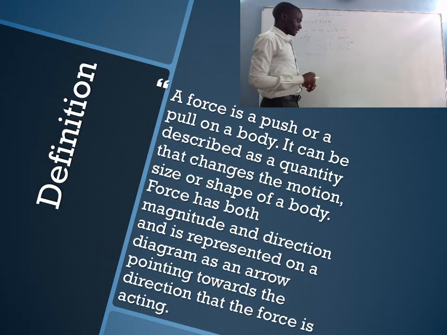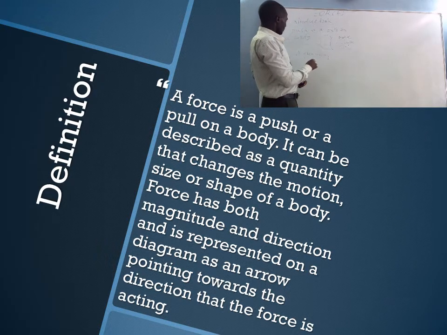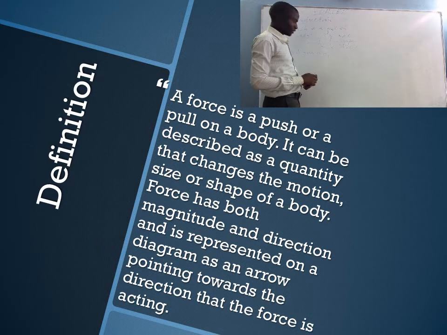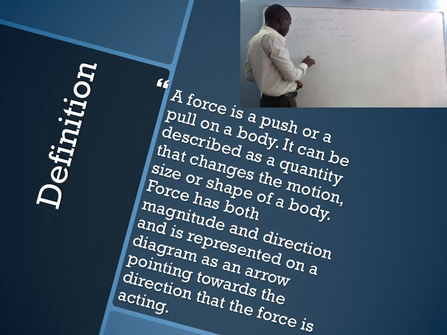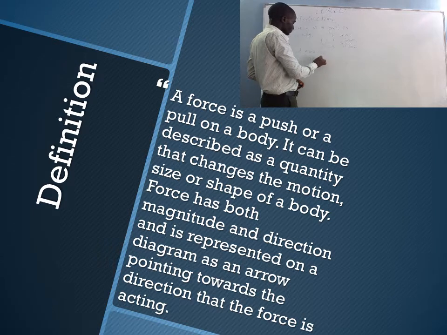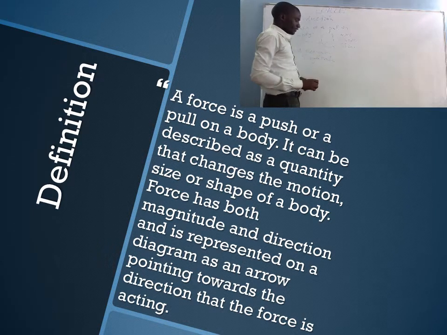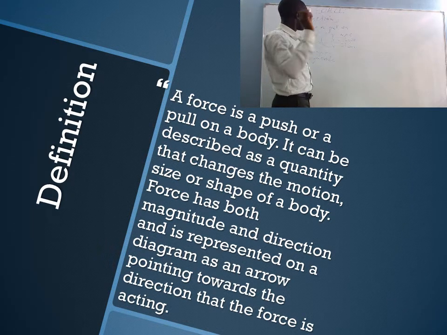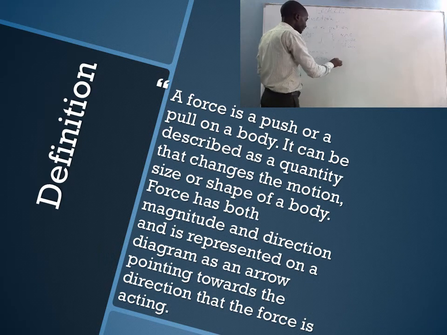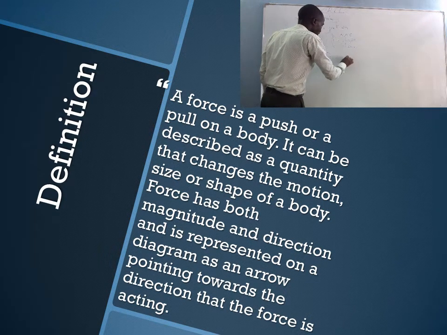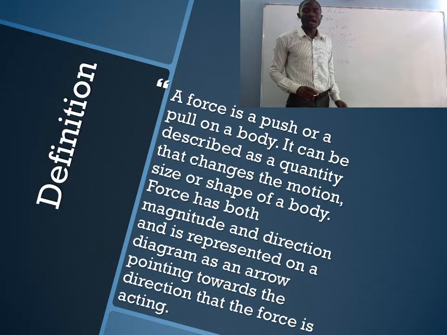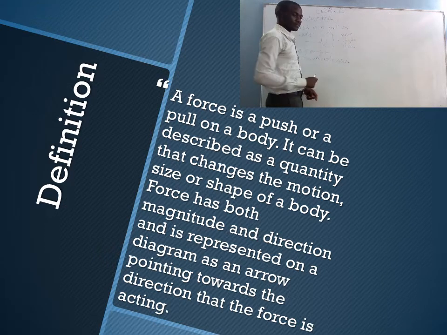And diagrammatically, a force, when represented on a drawing, has a magnitude. The magnitude of the force is the size of that particular force, how big or how small that force is.